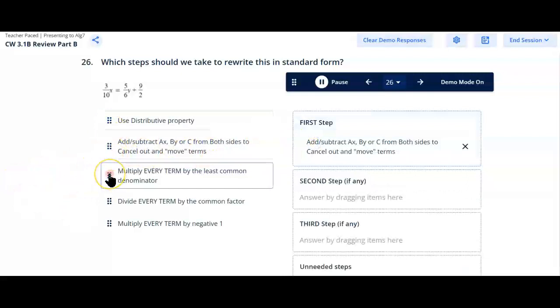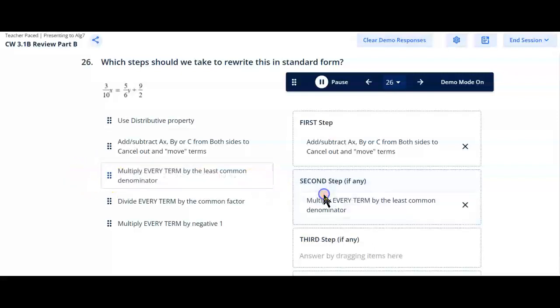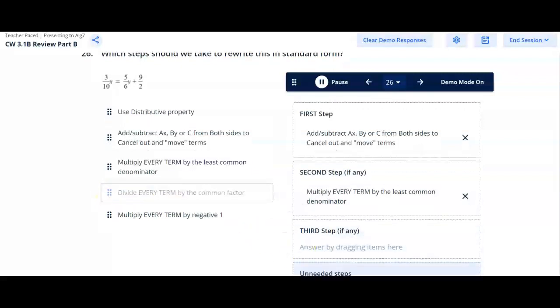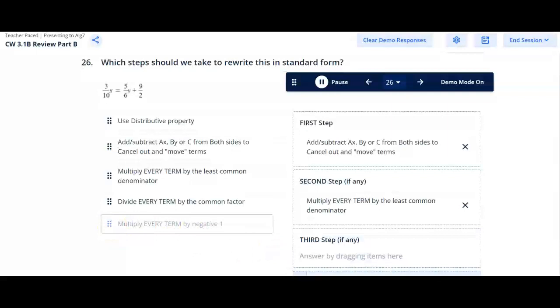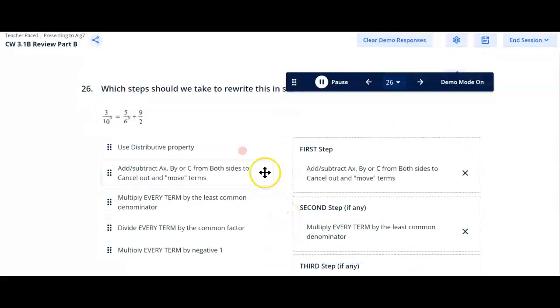Then, do we have fractions to clear out with our common denominator? Yes, so that's our second step. Do we have a common factor to divide? No. And then will we need to multiply by a -1? No, because our x term is in the front and it's positive. So this is a two-step problem.